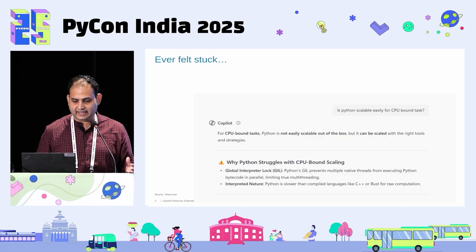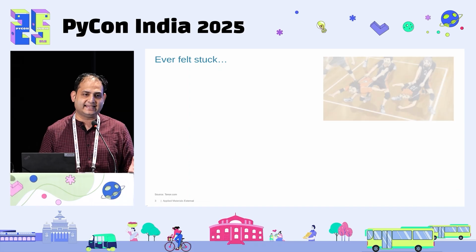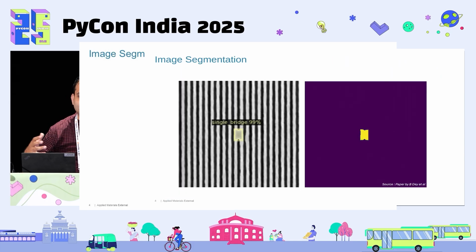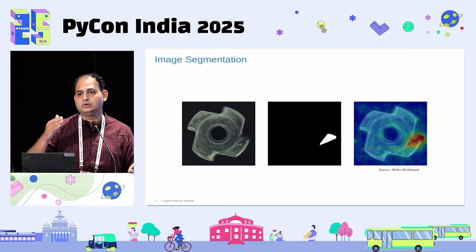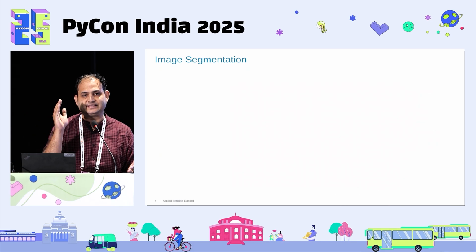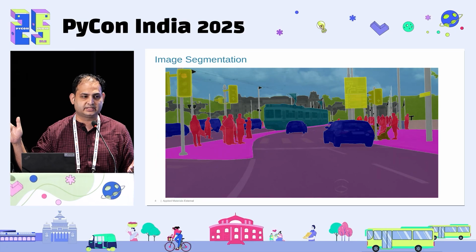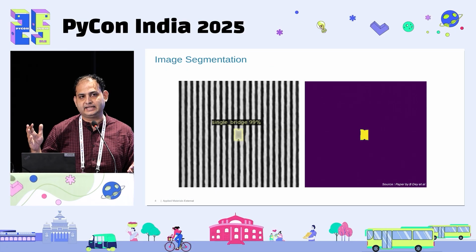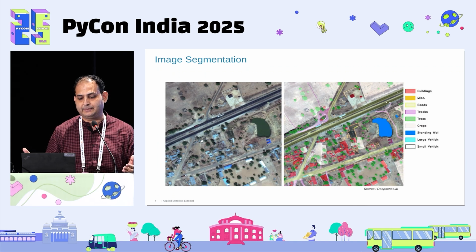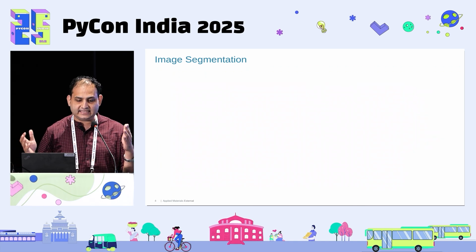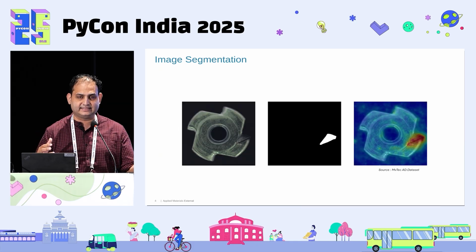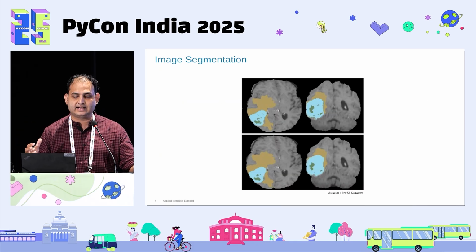To talk about it, I am taking a case study of image segmentation. What is image segmentation? Given an input image, we want to classify pixel by pixel which class of object each pixel belongs to. We are familiar with segmentation, maybe not with the term, but we see it in everyday activities. Maybe in a self-driving car, where the car automatically picks out the road and the cars.